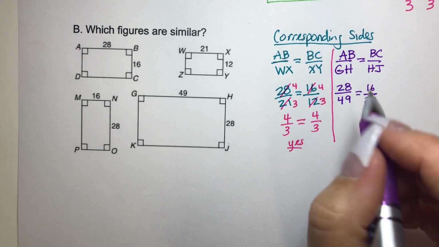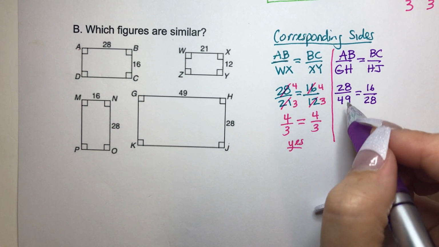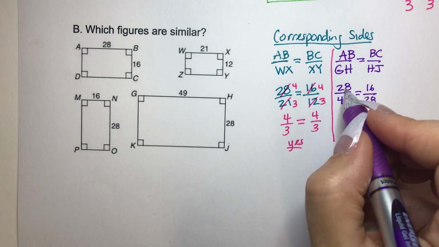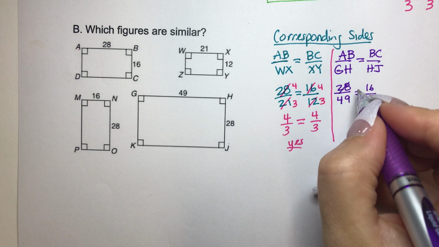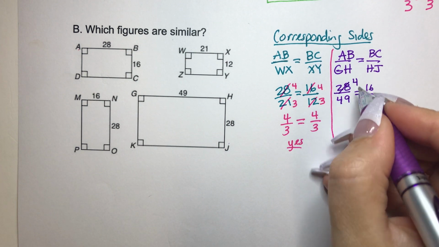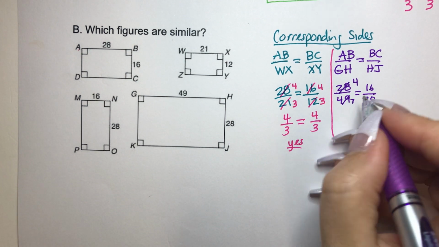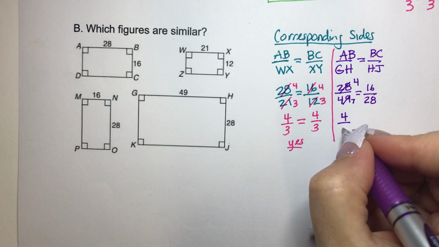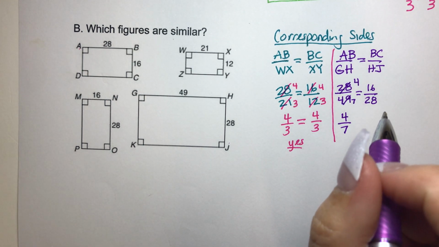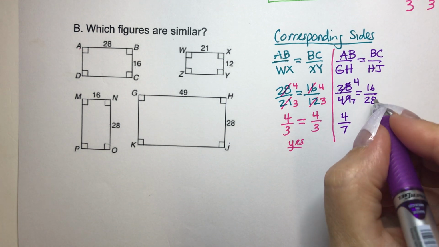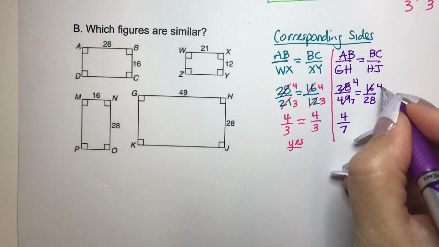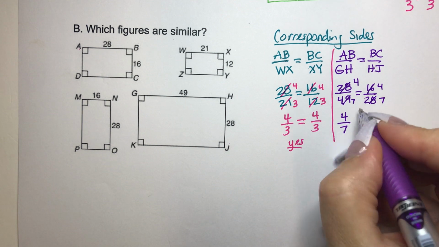Okay, so let's see if they have any things in common, right? So between 28 and 49, I think they have a common factor of 7. 7 goes into 28 4 times, and 7 goes into 49 7 times. So it has a ratio of 4/7. And what about 16 and 28? Well, 4 goes into 16 4 times, and 4 goes into 28 7 times.